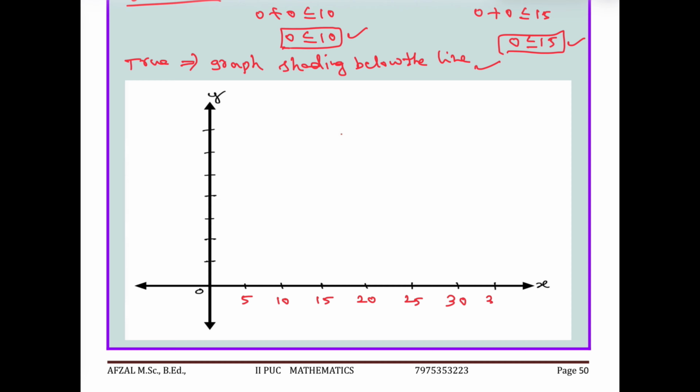Next, the magnitude of b1. b1 is i plus 2j plus 2k. To find the magnitude, take the square of the coefficients of i, j, and k: 1 1 is 1, 2 2s are 4, plus 2 2s are 4. Square root of 9, the value is 3.